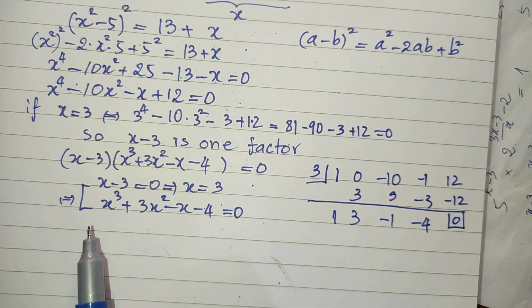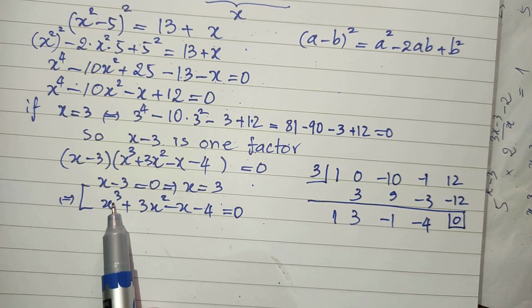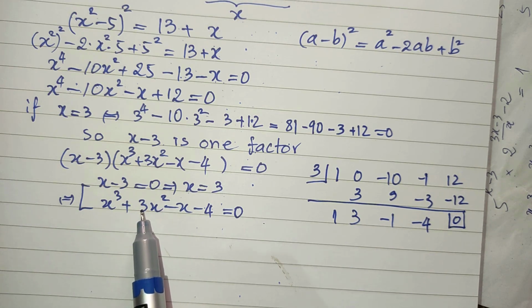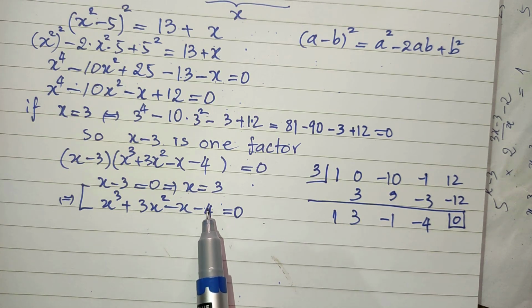If I replace it by 2, 2 cubed is 8, and 2 squared is 4, 4 multiplied by 3 is 12, 8 plus 12 is 20, 20 minus 2 is 18, and minus 4 is 14.